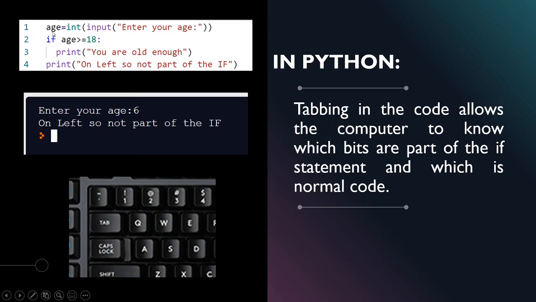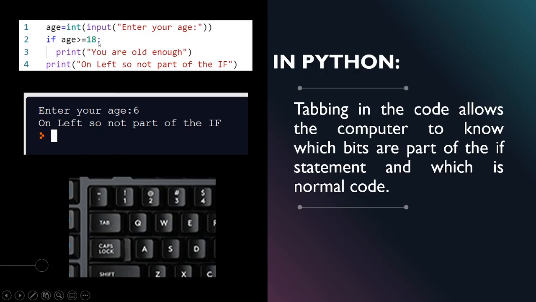Look here, I've simplified the code from before, so there is no else. You're still getting the input. We do if age is greater than or equal to 18 and colon. Now in Python, how the computer knows which bits of code are part of the if statement is that they're tabbed in. When I say tabbed in, I mean I've actually pressed the tab key.